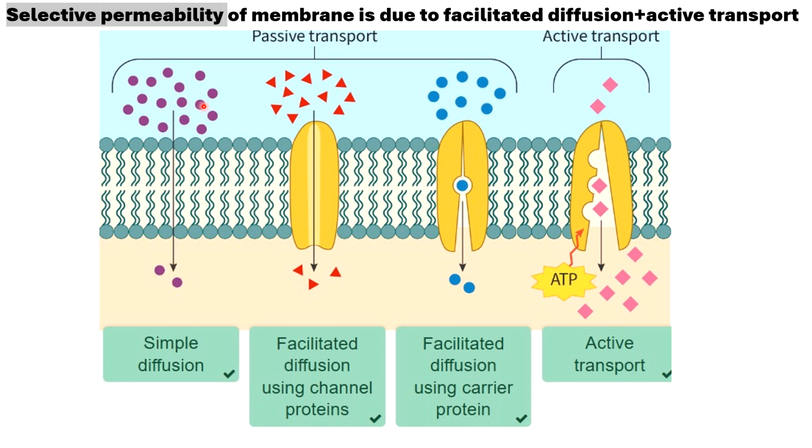Simple diffusion goes from a high concentration gradient to a low concentration gradient inside the cytoplasm, and it can go through the phospholipids. Facilitated diffusion using channel proteins. This right here is a channel protein. It goes from a high concentration gradient to a low concentration gradient. Facilitated diffusion using a carrier protein.